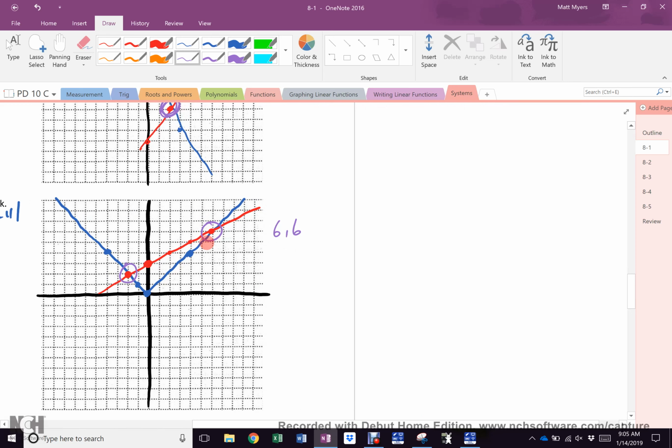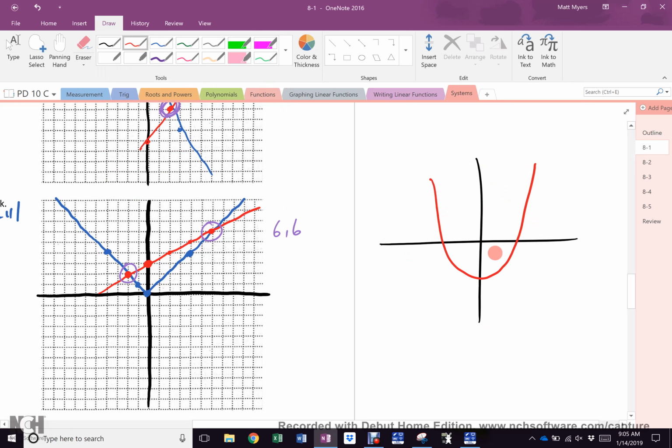Okay? In grade 11, you will be graphing things like this. Curves, a parabola. And then you would graph a second curve. How many solutions are there to this quadratic system? 2. Because they cross there and there. Understand? What if it looked like this?